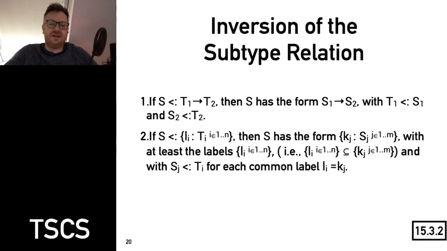That means it's like a subset. Subset meaning you don't have a particular order, which is nice because of the permutation rule. And for each of the types, you have a type T_i which is a supertype in that other record for each common label. So this is just inversion of the typing rules that we did.